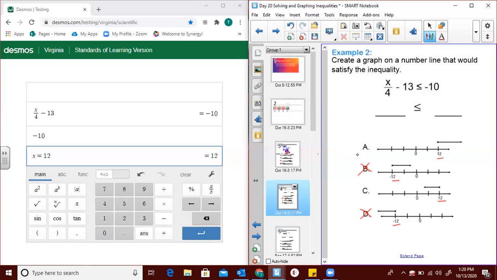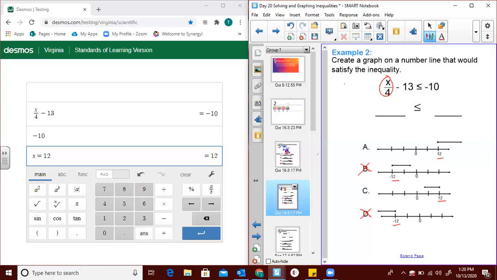All right, here's a trick. You don't even have to do anything else, at least with this particular problem. Look at this variable. That variable is positive, and there's nothing being multiplied or divided into it that is negative, right? This 4 is positive. So this right here is a positive variable.